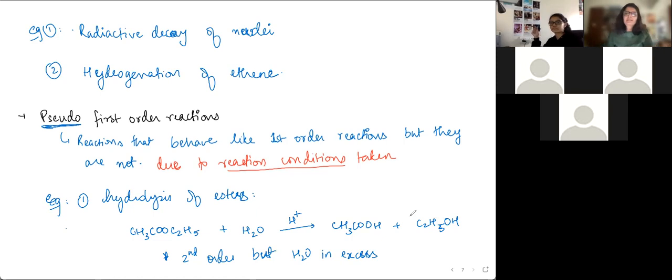This ends up being a first order reaction, because since we take an infinite amount of H2O in comparison with the other things present, the concentration of H2O doesn't really matter. Is this clear? Yes, ma'am. Because H2O is in excess, the rate ends up being K into the concentration of ester alone.